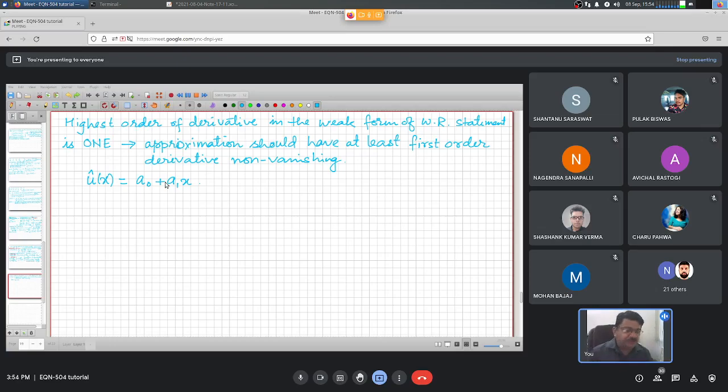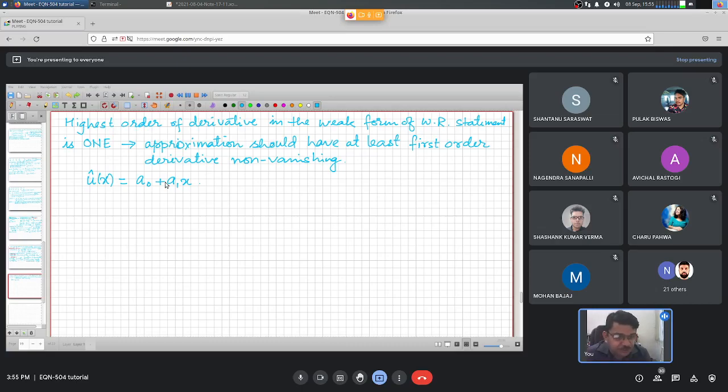There are infinite possibilities of approximation, and one of those includes the true solution as well. So in some instances, you might get the true solution. But in general, the approximate solution from the weak form will be of lower order of continuity, lower degree of smoothness compared to the true solution.